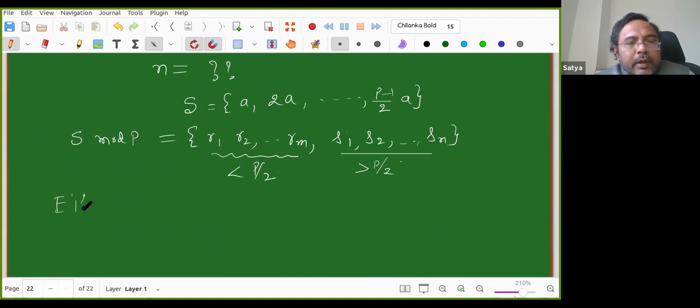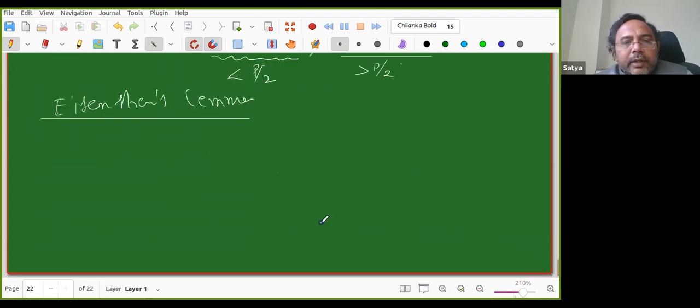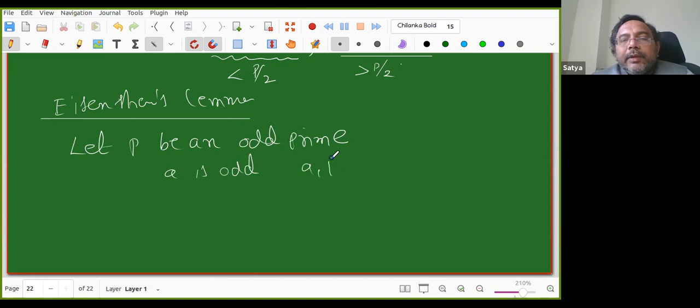Eisenstein's lemma has a little constraint on the statement. Let p be an odd prime, and a is also an odd number, with gcd(a,p) = 1.